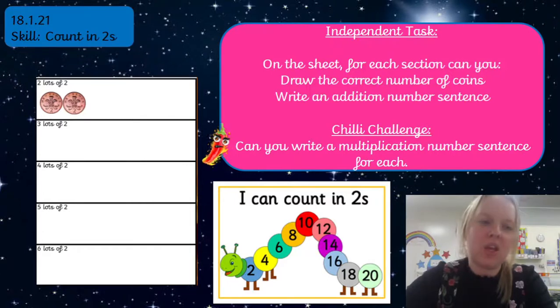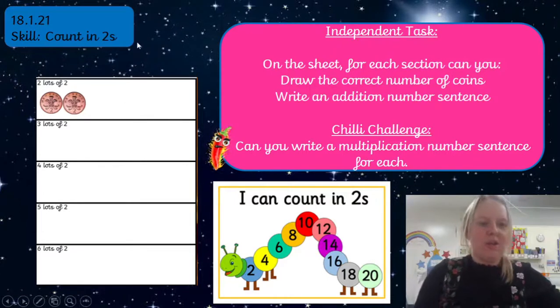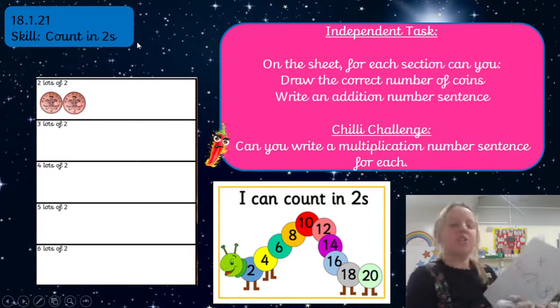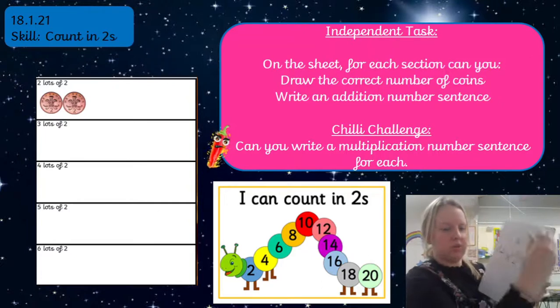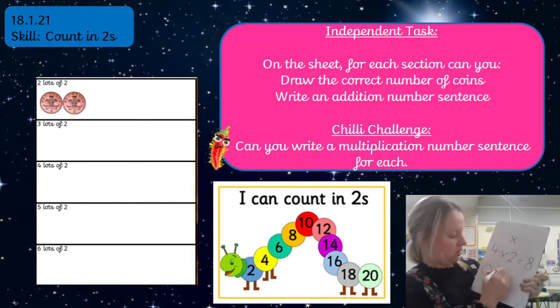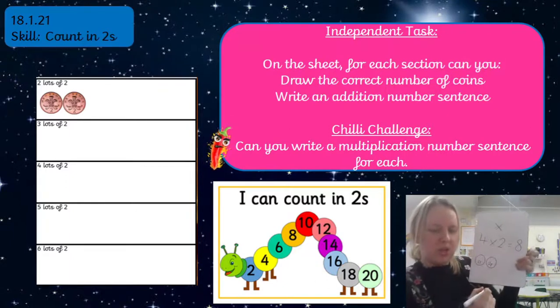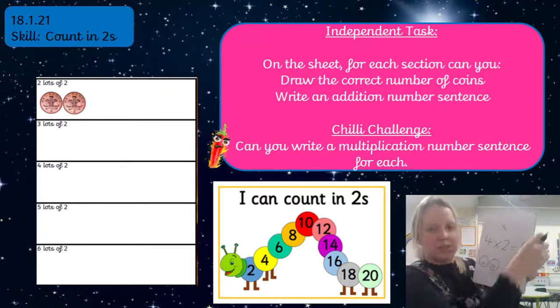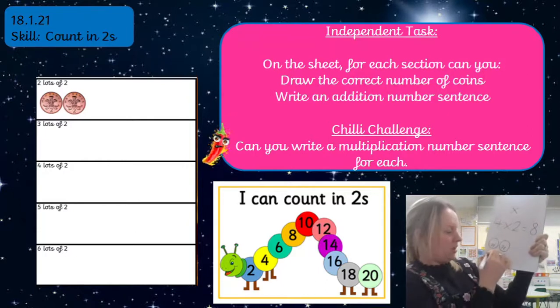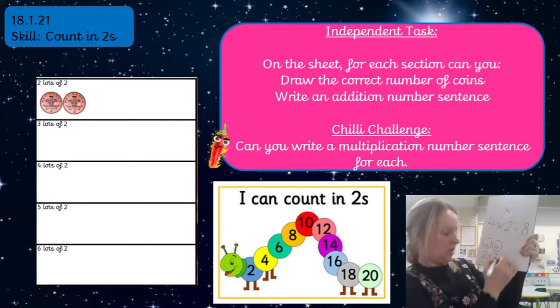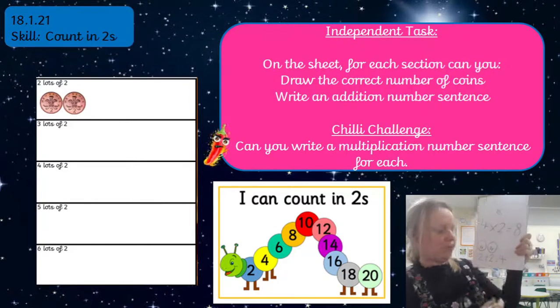So in our first one, where it says 2 lots of 2, you would have your 2p coins, wouldn't you? What would our addition number sentence be? It would be 2 plus 2 equals 4.